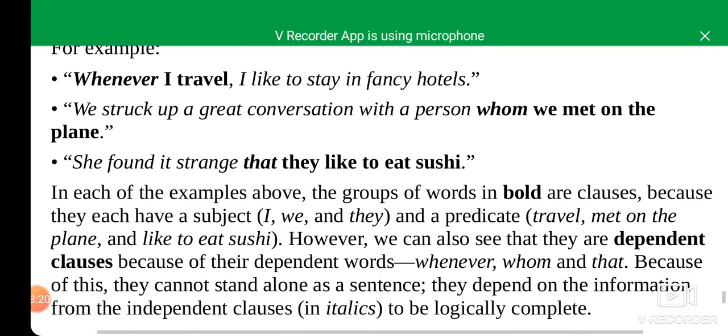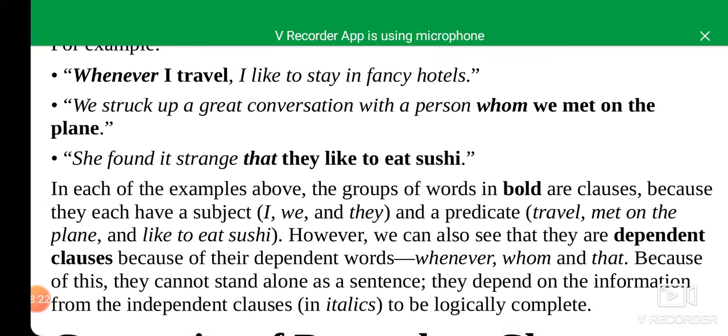We struck up a conversation with a person whom we met on the plane. Whom is a pronoun here. It's a relative pronoun. It refers to the person with whom we struck up a great conversation. So whom relates to the whole dependent clause, whom we met on the plane.